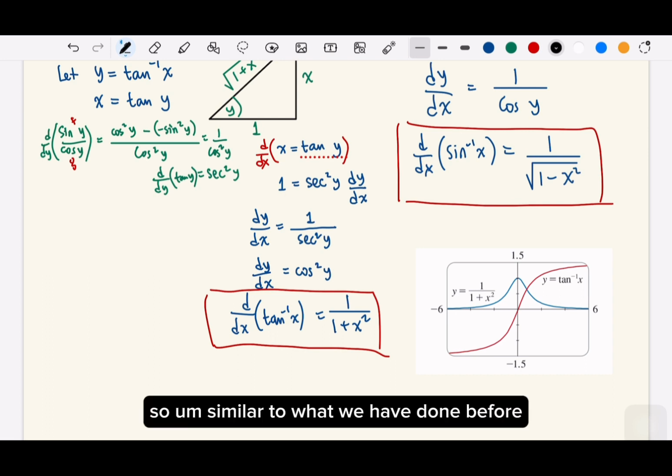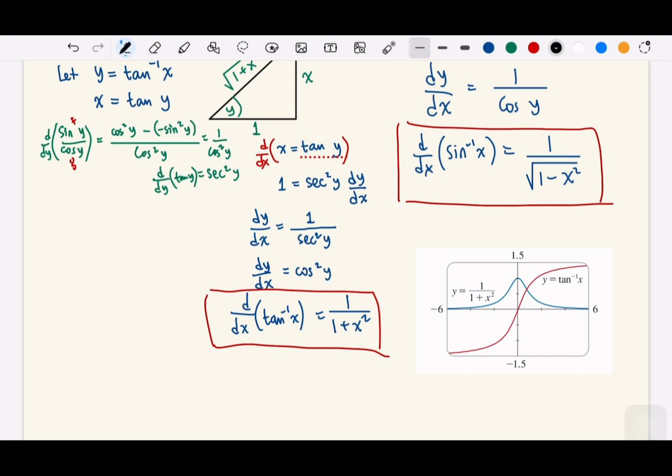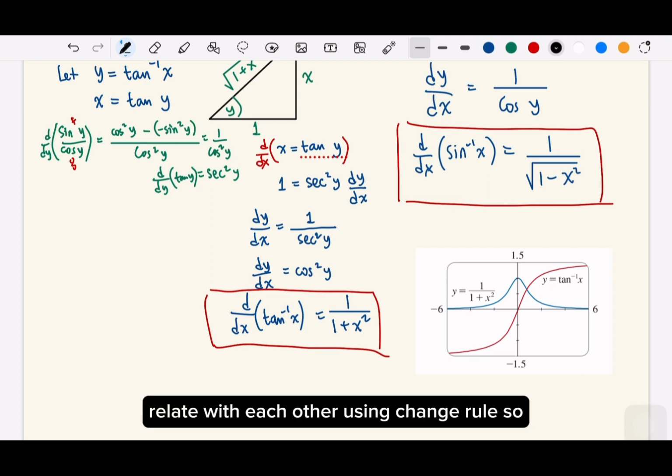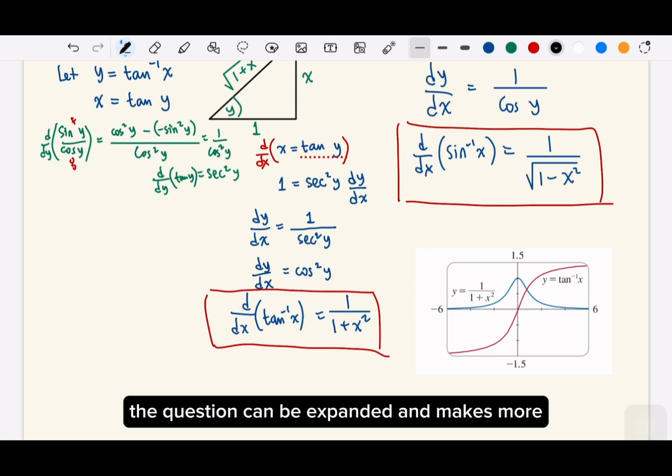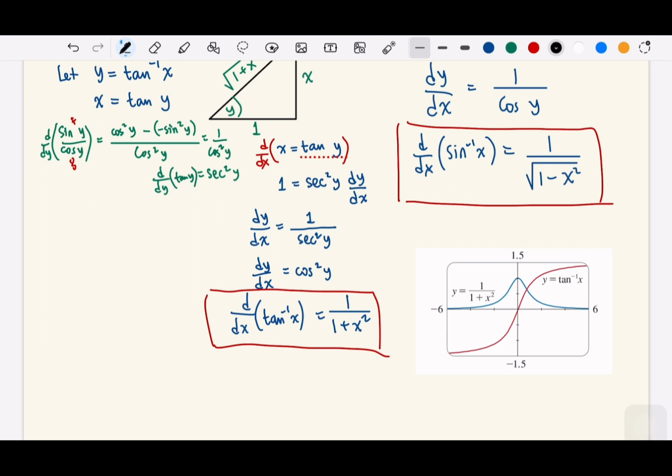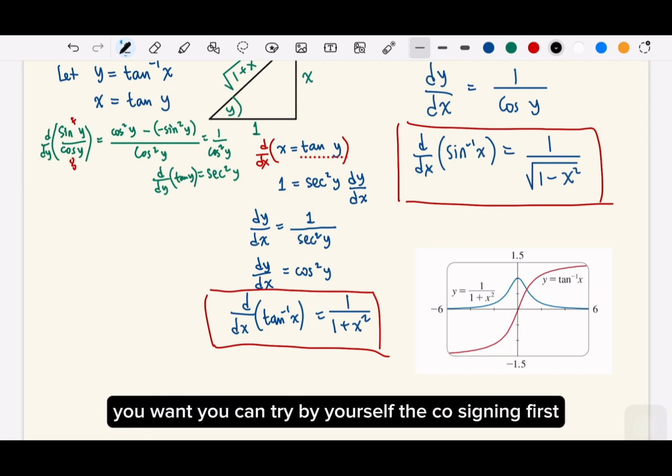So similar to what we have done before, all the types of functions can be combined, and they all can be related with each other using chain rule. Okay, so the question can be expanded and makes more complications. If you want, you can try by yourself the cosine inverse.